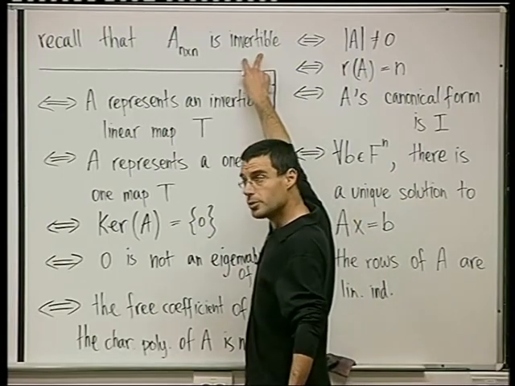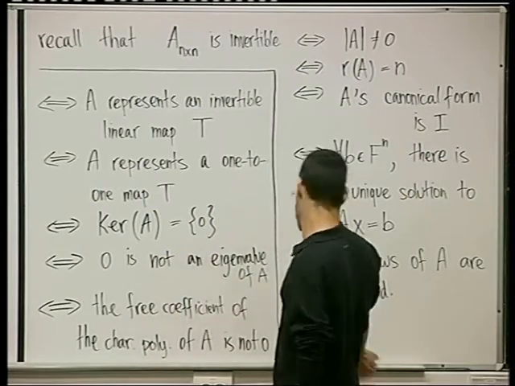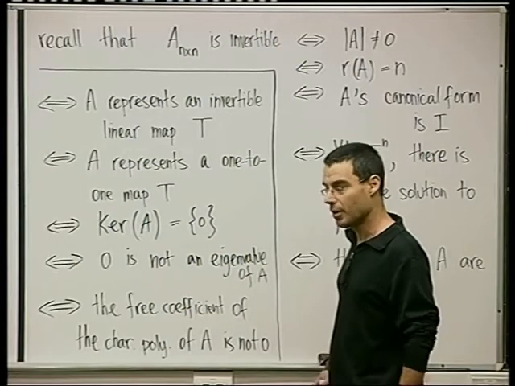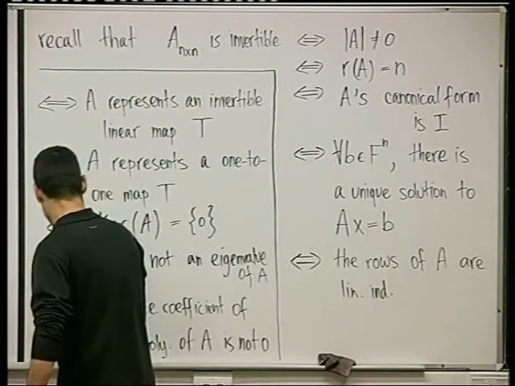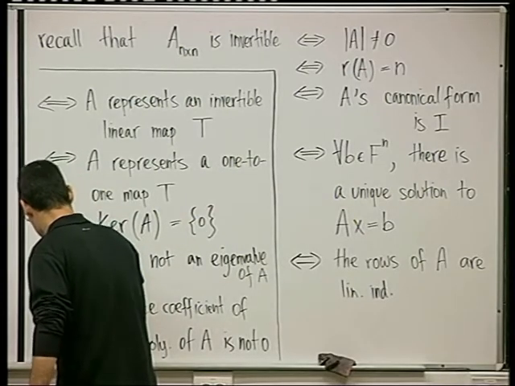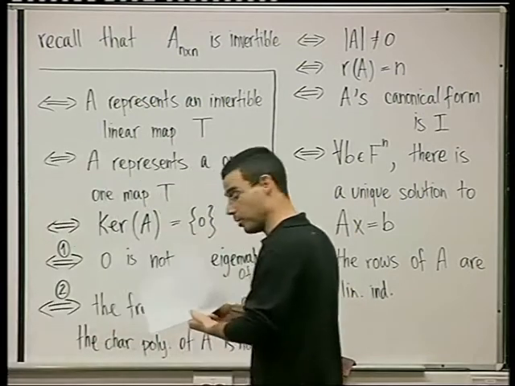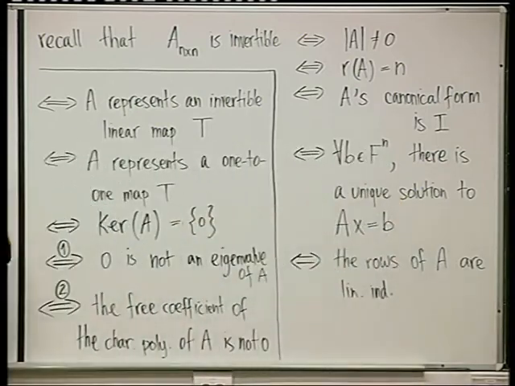To do so, I can show that each of them is an if and only if with any one of these properties, because they're all equivalent. So let's call this 1, and let's call this 2. These are the 2 that I want to prove right now. Okay, so here goes.